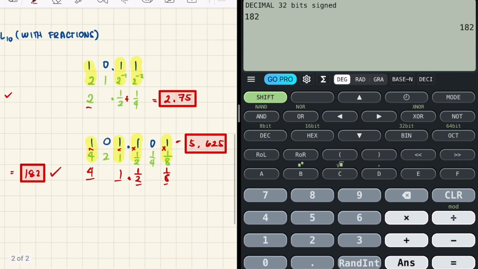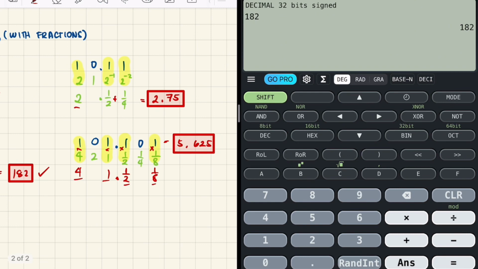Now for binary numbers that have fractions on them, unfortunately some of the scientific calculators don't recognize the decimal sign or this point here, but other calculators can recognize it. So let's go ahead and try.